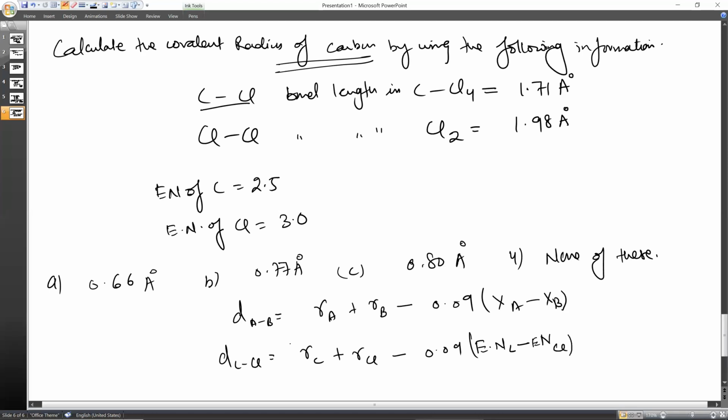Now put the value. This value is given to you, this value is also given to you. You need to find out this value. Calculate it, please.